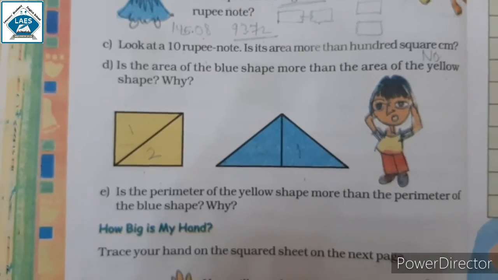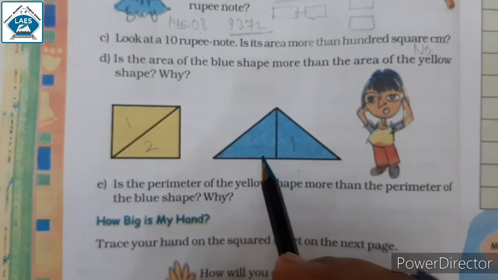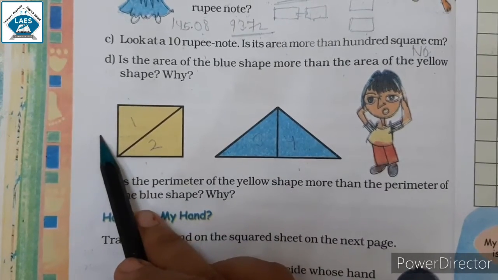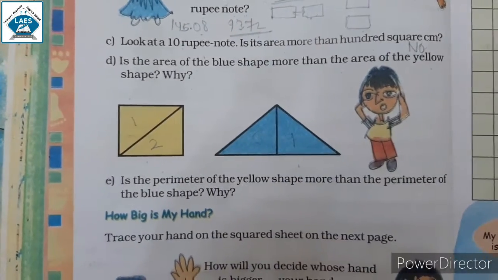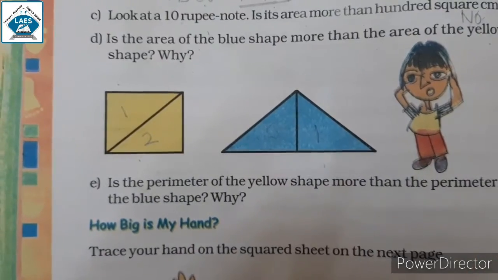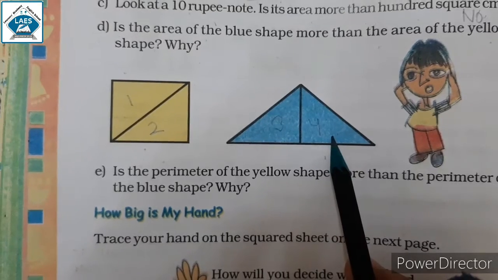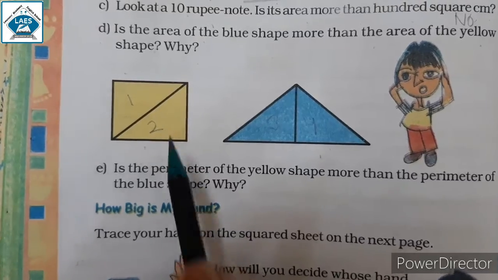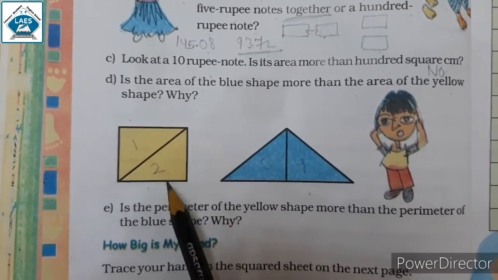Now compare triangle 1 and triangle 3. You will see that the third is bigger than the first. Compare 2 and 4. Once again you will see that the fourth is much bigger compared to 2. So the third and fourth are greater than 1 and 2.